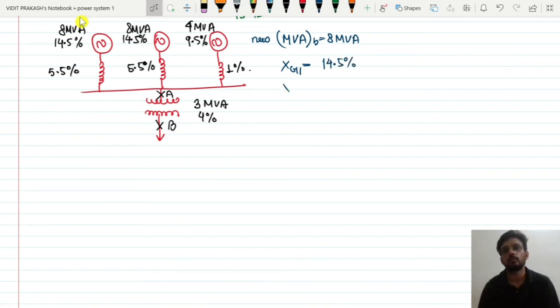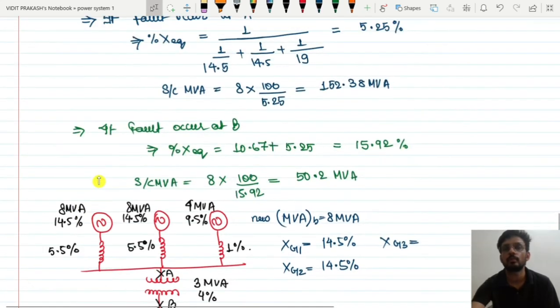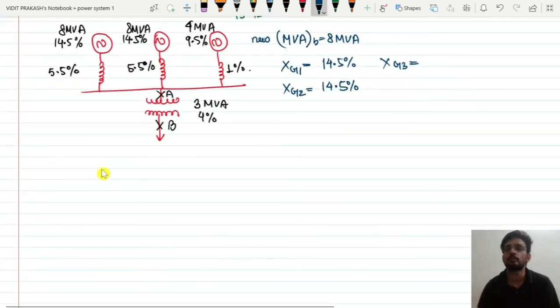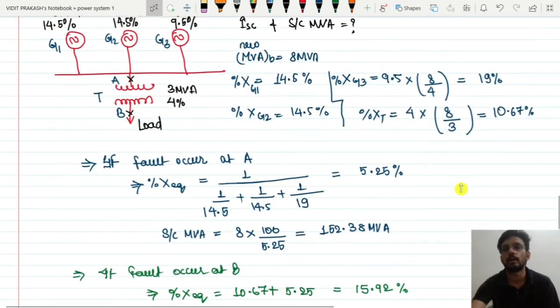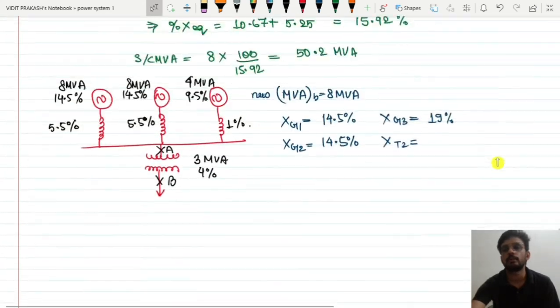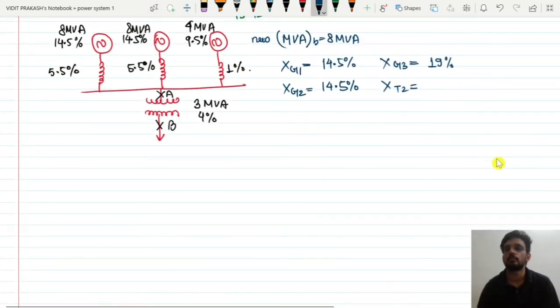The percentage reactance for G2 is 14.5 because the MVA value is the same. For G3 we got earlier 19%. And the percentage reactance for the transformer will be the same, 10.67%.